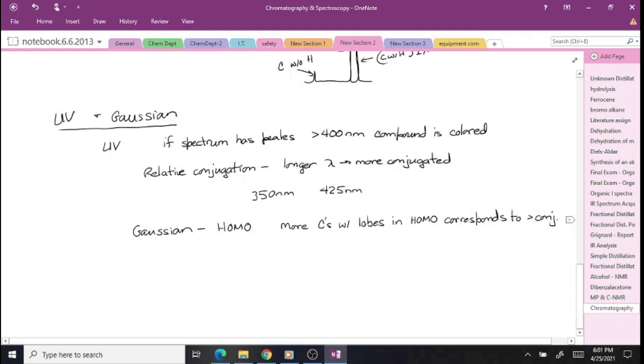And that's what you were looking at when you compared the tetraphenyl naphthalene to the tetraphenyl cyclopentadienone. We were using the UV in concert with the Gaussian as a means of not so much confirmation, but possibly exclusion.